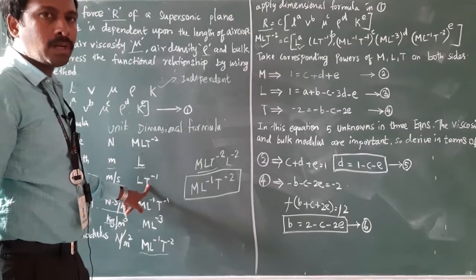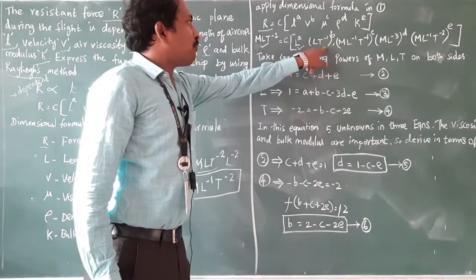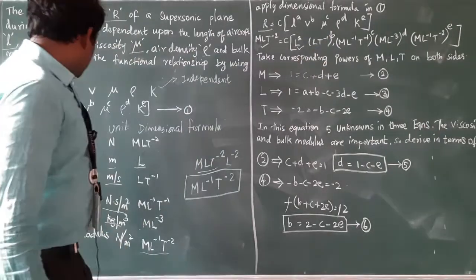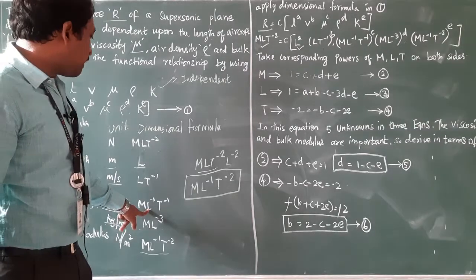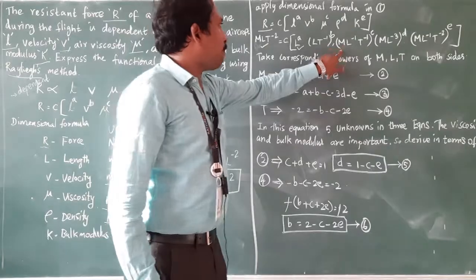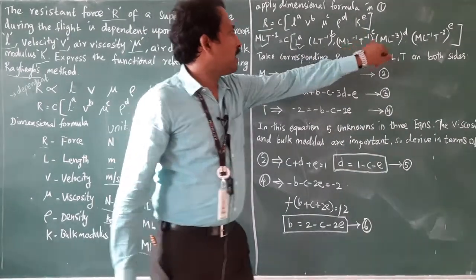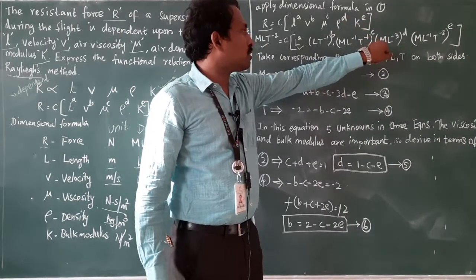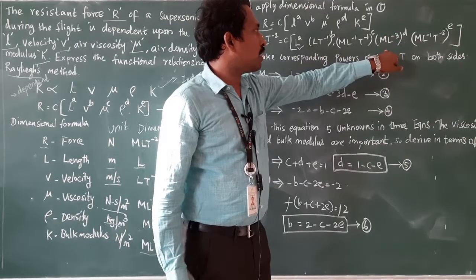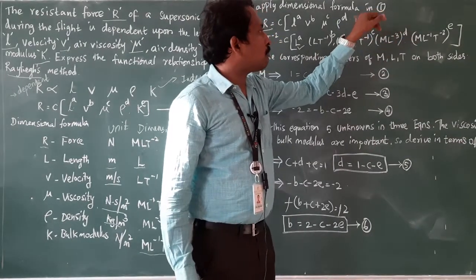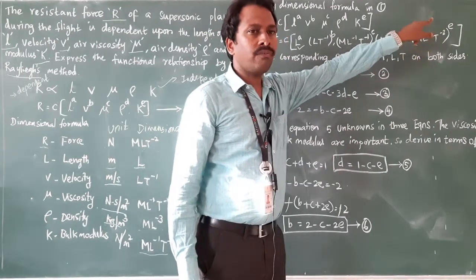Velocity dimensional formula is L T power minus 1, so L T power minus 1 to the power of B. Next, viscosity M L power minus 1 T power minus 1, to the power of C. Next, density. Density dimensional formula is M L power minus 3 to the power of D. Last, bulk modulus M L power minus 1 T power minus 2 to the power of E.